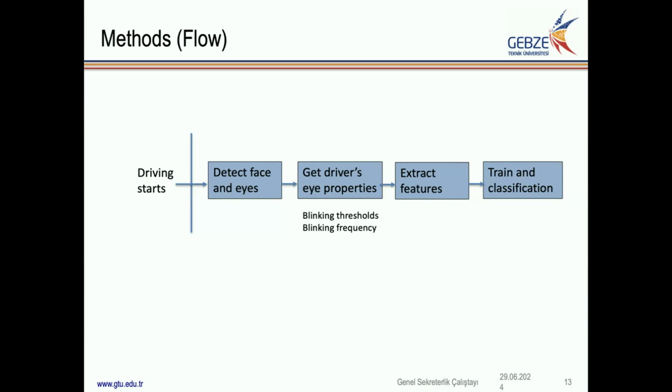We will also detect the blinks and the frequency of the blinks within 2 minutes. If the driver gets into a drowsy state, their blinking frequency may change, and because of the blinking thresholds that we defined within the first 2 minutes, we can detect their blinking characteristics. Then we extract some features, and we can train and perform our classification models.